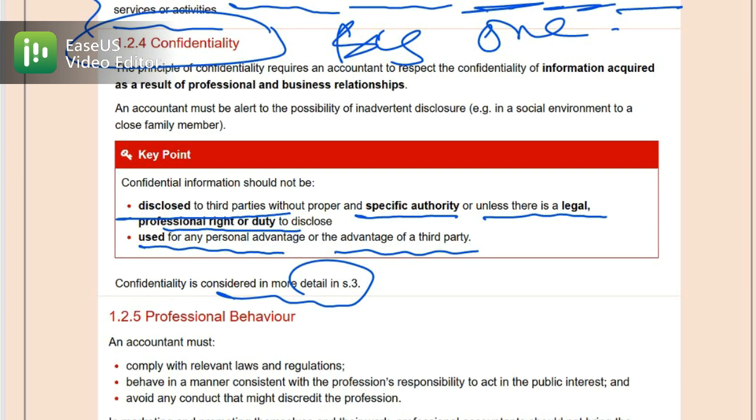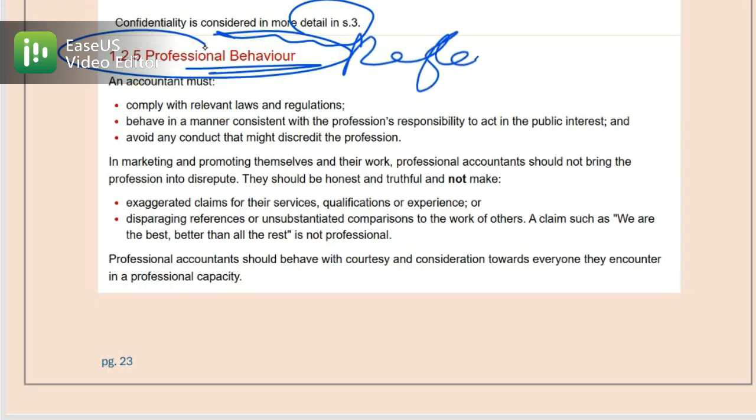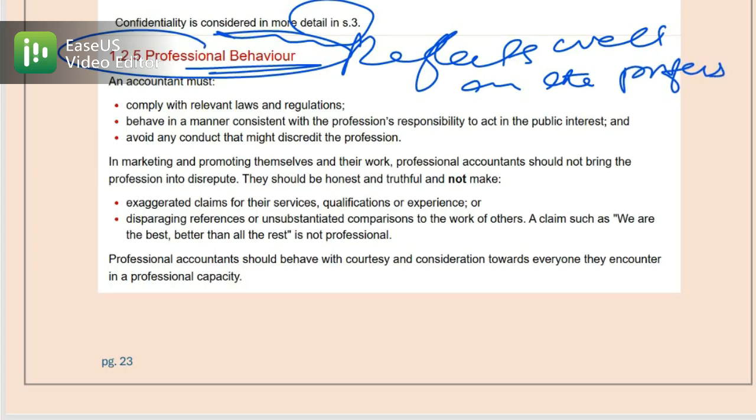Right. Now let's move on to the fifth one, and that is professional behavior. This one is about conducting yourself in a way that reflects well on the profession, which is very important. A professional accountant must, what? Comply with the relevant laws and regulations.